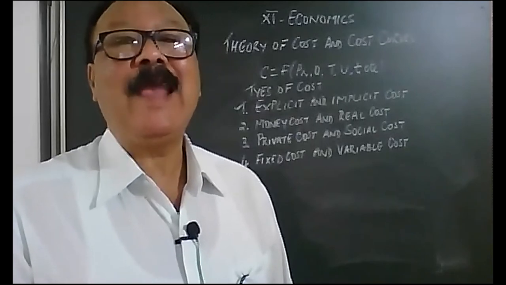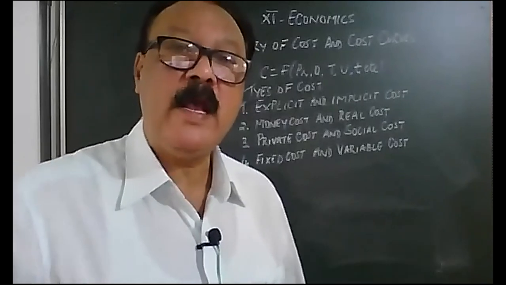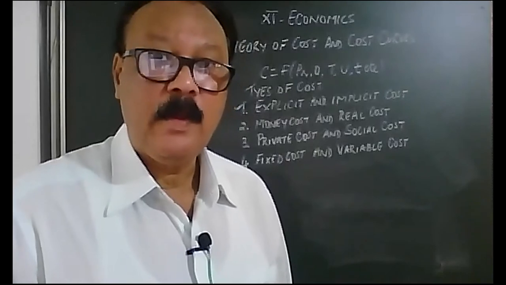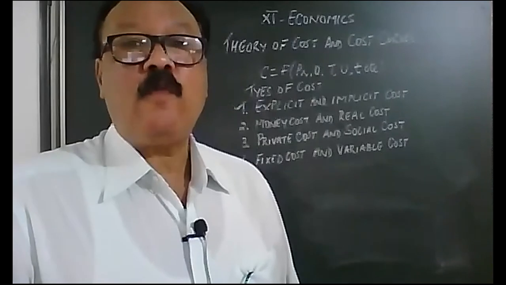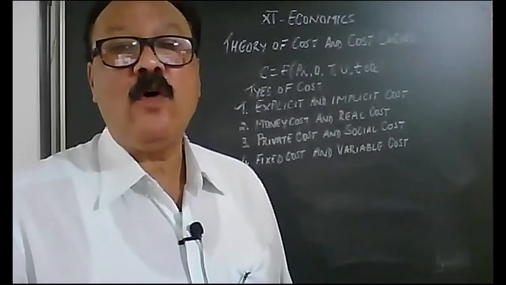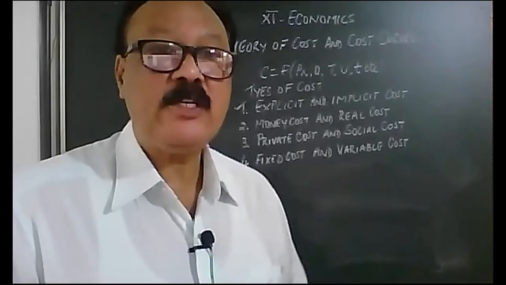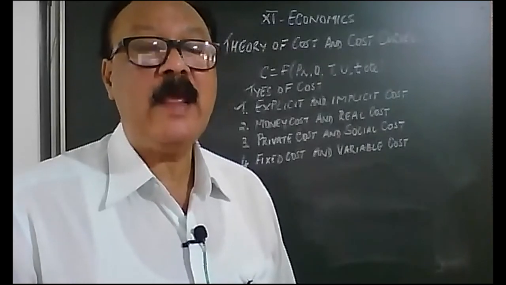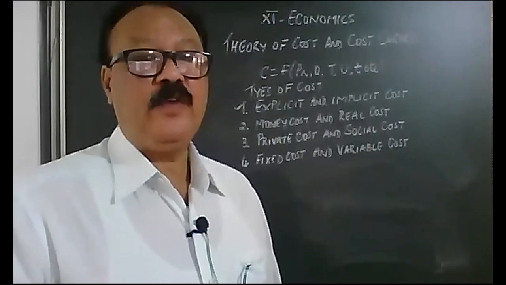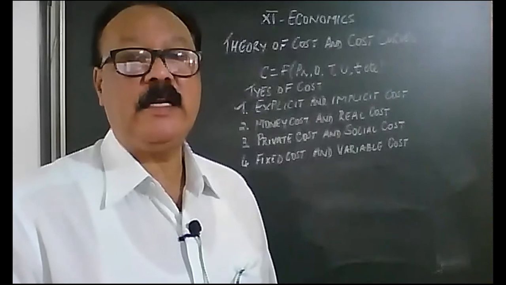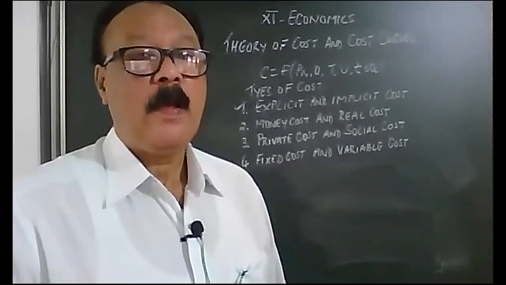Imputed means the calculated rent as he would give if he had taken somebody else's building. Secondly, what would be the salary of those if he had employed? So the salary which he pays to himself is again an implicit cost. This is the difference between explicit and implicit cost. We come to the next one now.